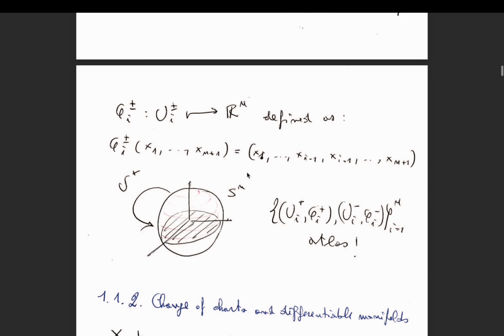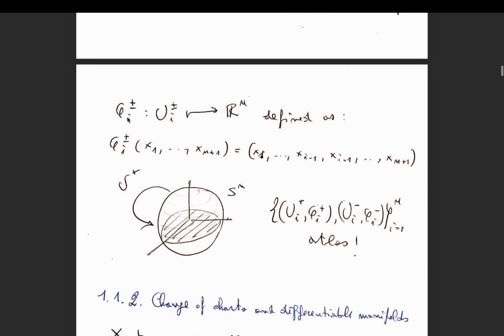And we can build these homeomorphisms phi_i^± from U_i^± into some sets of R^n.